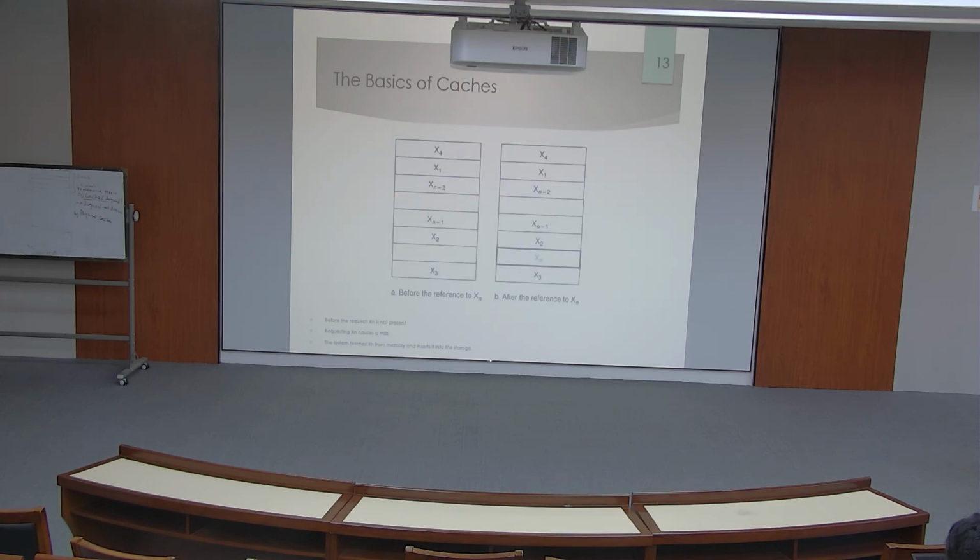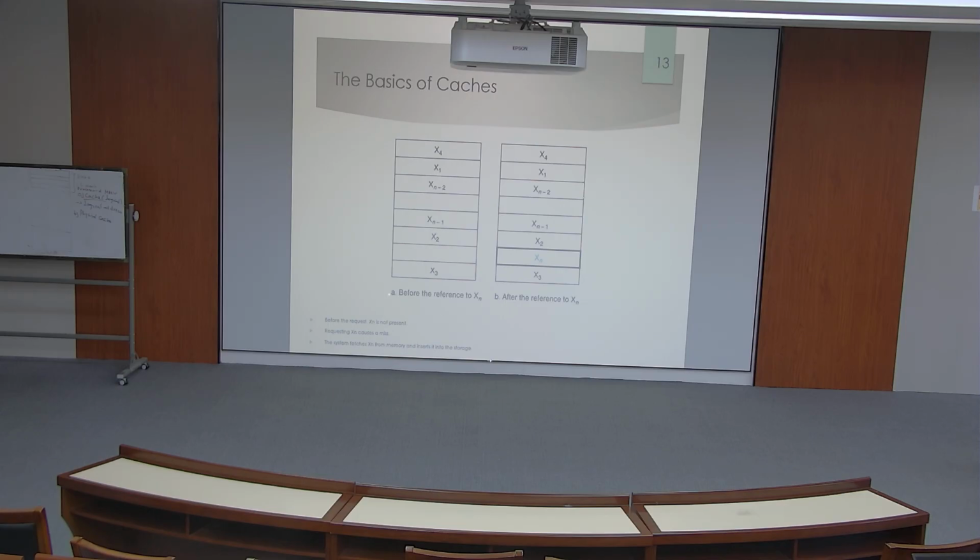Now, we need to talk about the basics of a cache regarding references. Let's imagine we have this cache content. We have x4, x1, xn minus 2. But you see, this time, the cache does not include the xn data, does not include the xn block here.